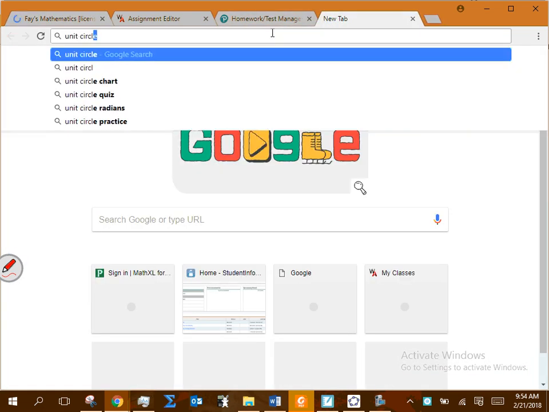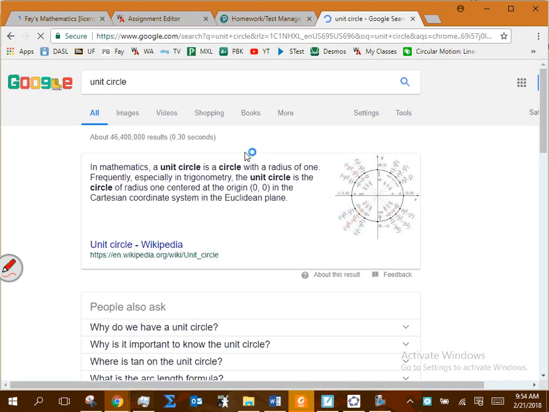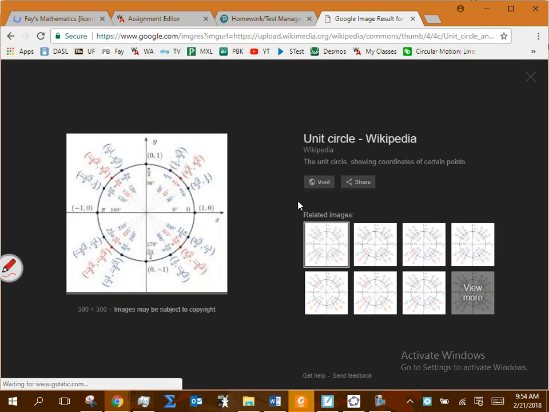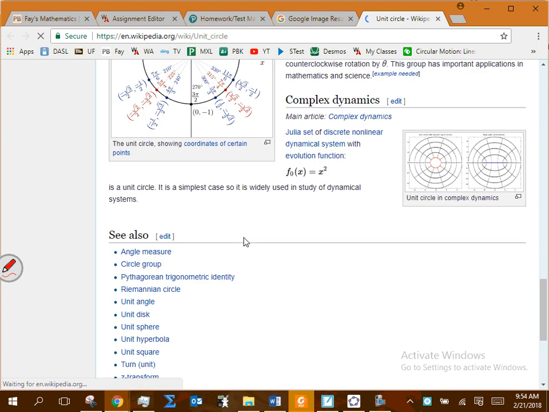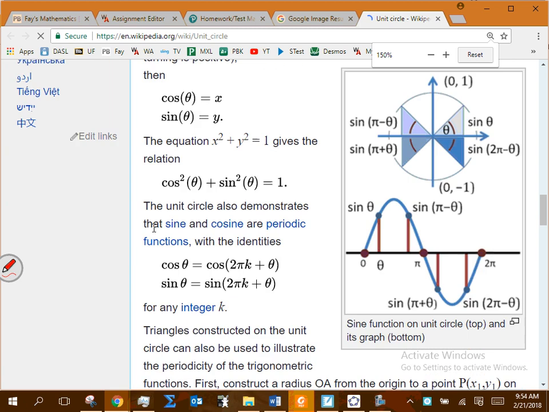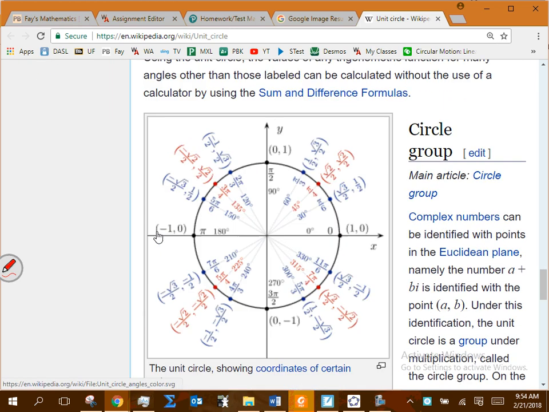Let me just do this. Unit circle. All right, so this picture here is what we're going to try to learn.